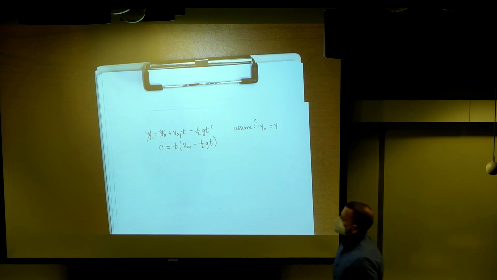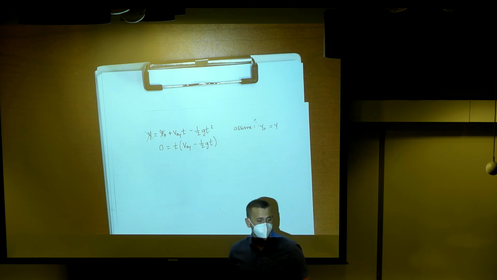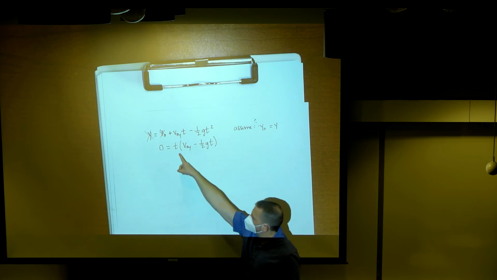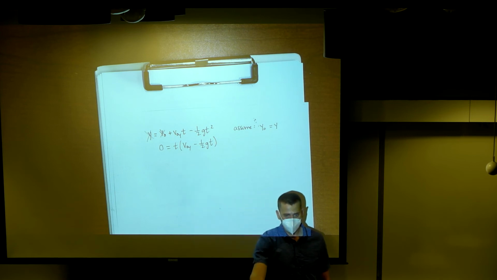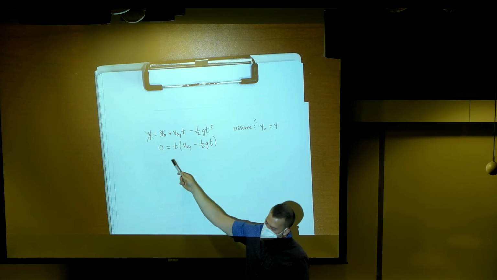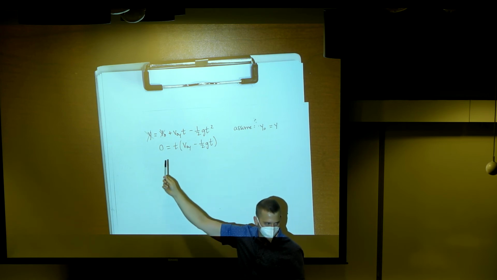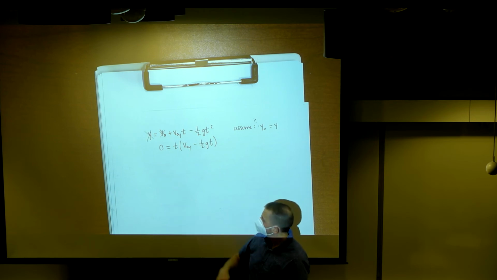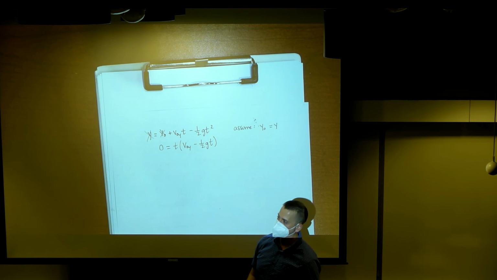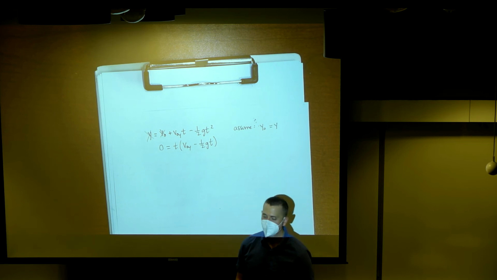So what do I do next? I'm trying to find time, how long it takes to land. Now, I have two different terms multiplied together, which give me 0. Whenever we're in this kind of situation, it means this one could be 0, or the whole thing in parentheses could be 0. One or the other has to be true.